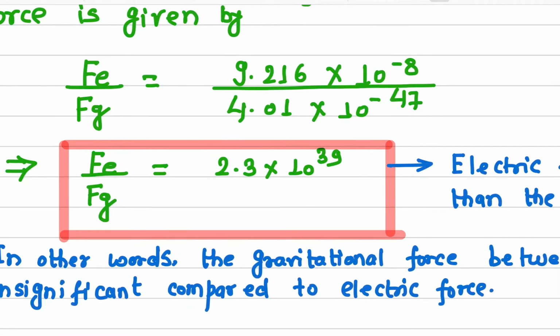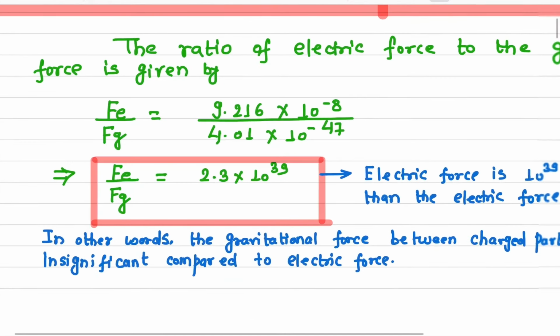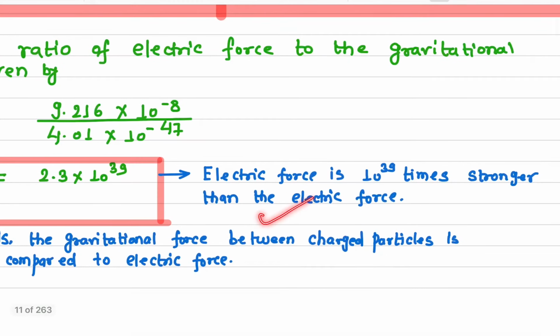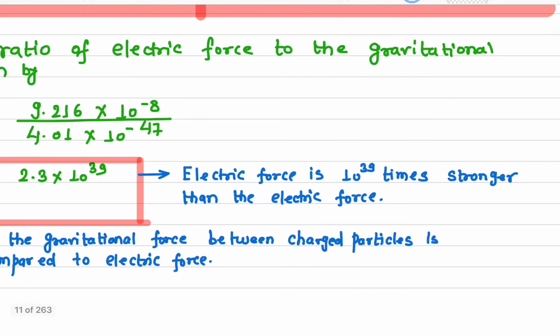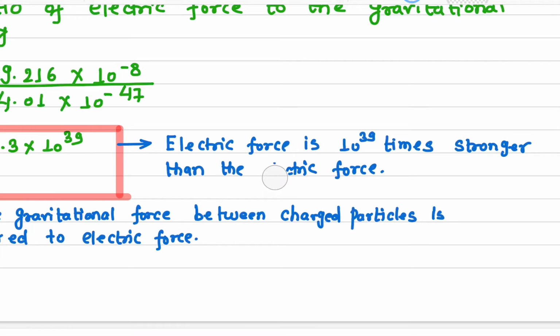The electric force between two charged particles at a short distance is huge compared to the gravitational force, and that's the reason we do not even bother calculating the gravitational force between two charged particles. So the electric force is 10 to the 39 times stronger than the gravitational force.